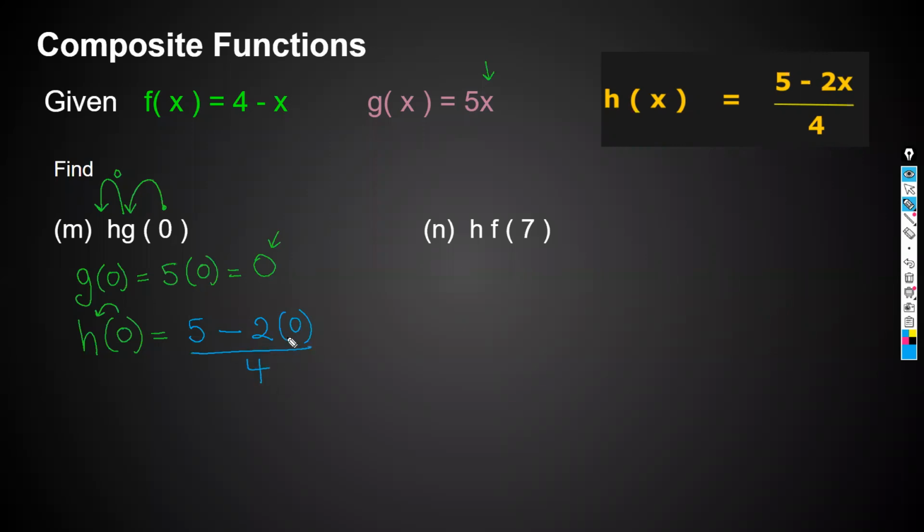And this is where the mistake happened again. Anything multiplied by 0 is 0. Some people are putting 1 and some people are putting 2. So you end up, well, 2 multiplied by 0 is 0. 5 minus 0 is still 5. And we have to divide by good old 4 here. So you can leave your answer as 5/4 or 1.25 or 1 1/4, however you want to put it.